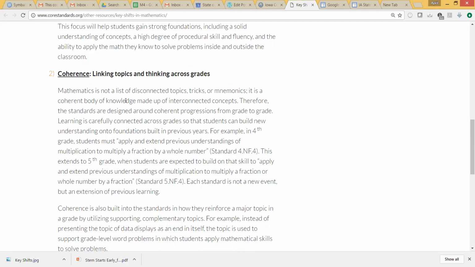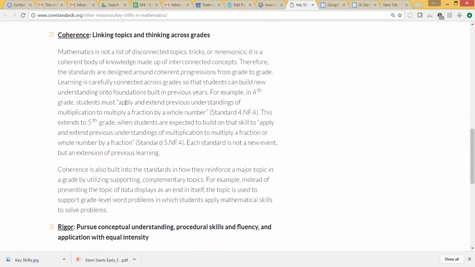And how this changes things from how we used to do things is we want lessons to connect with and within the grade and across the grades as well. So we want lessons that are connected to prior knowledge, and a focus is being taken away from those tricks and the mnemonics, because really when a student has to learn a trick or a mnemonic to learn the math, they're learning two things.